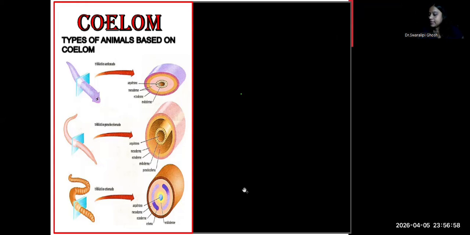Do you understand? See, if you see the picture over here, the first picture, this one, this is the picture of planaria, whom we call as Dugesia also.